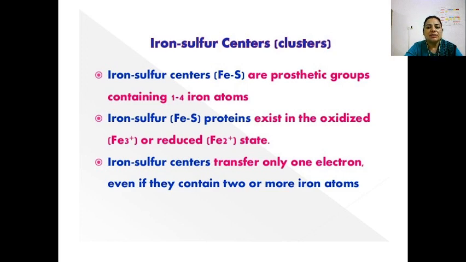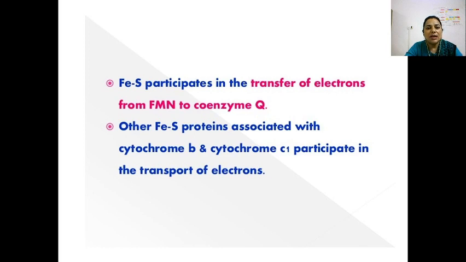The iron sulfur centers transfer only 1 electron even if they contain 2 or more iron atoms. FeS participates in the transfer of electrons from FMN to coenzyme Q. Other iron sulfur proteins associated with cytochrome b and cytochrome c1 participate in the transport of electrons.